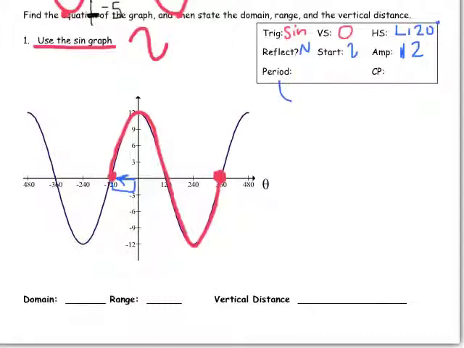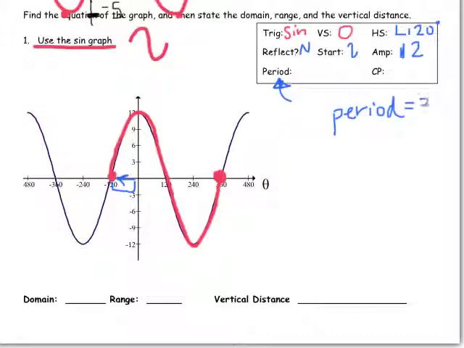Now, the period, well, just like when we graph it, we have to do 360 divided by or 2 pi divided by. That's because typically you're given the equation, and if you're finding the period, you say, well, that's equal to, since this problem is in degrees, I'll just talk about the degrees.